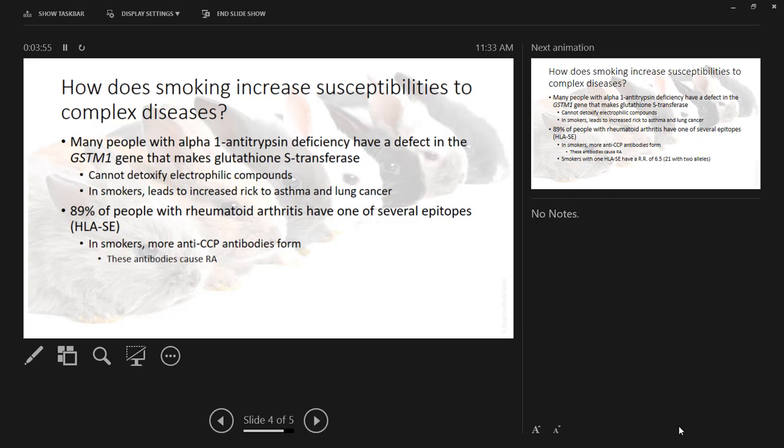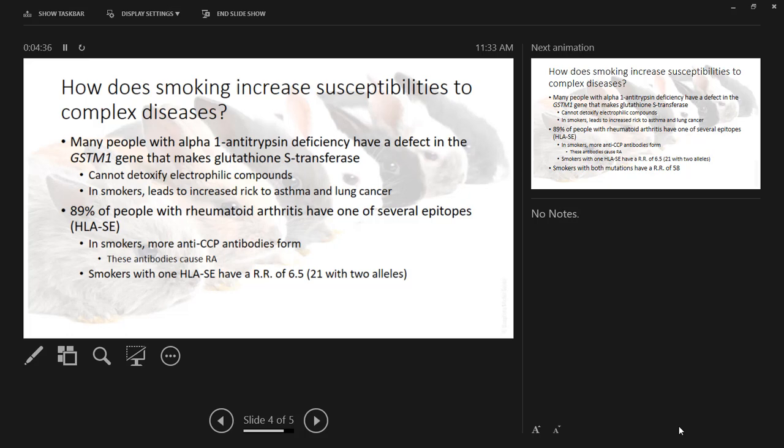And then here, we've got a gene-gene environment interaction. Oh wait, no, sorry, not yet. I thought it's the next point after this. I'm sorry, I got excited. So smokers with one allele, one of the specific mutant alleles in this gene complex, have a relative risk of 6.5. Relative risk means that we did what kind of study? A prospective study in which we followed different groups with different environmental experiences, and then we looked at the onset of disease.